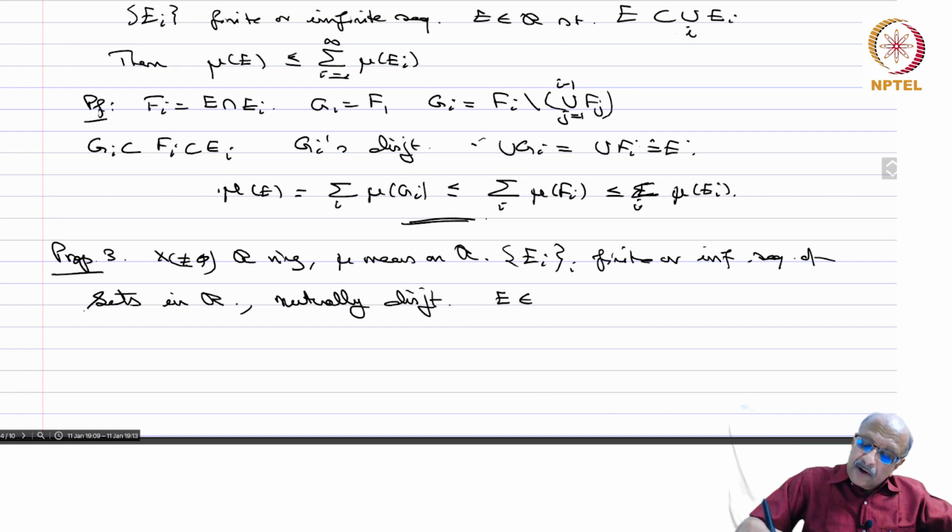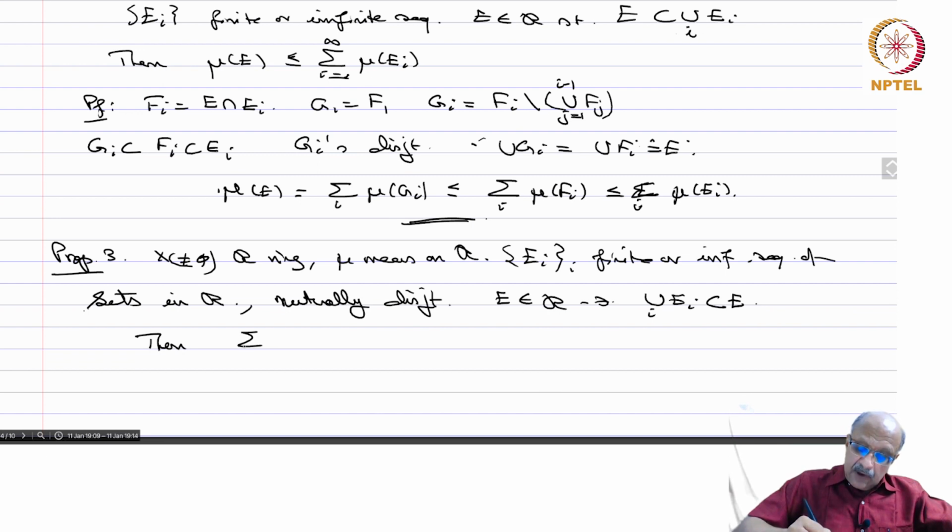E is in R such that the union over i of E_i is contained in E. Then the sum of mu of E_i is less than or equal to mu of E. So this is more or less obvious.